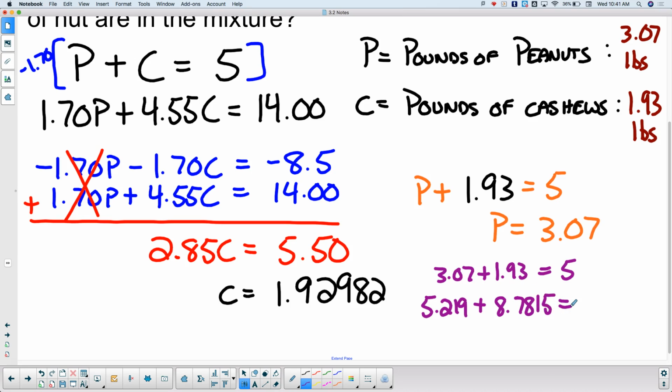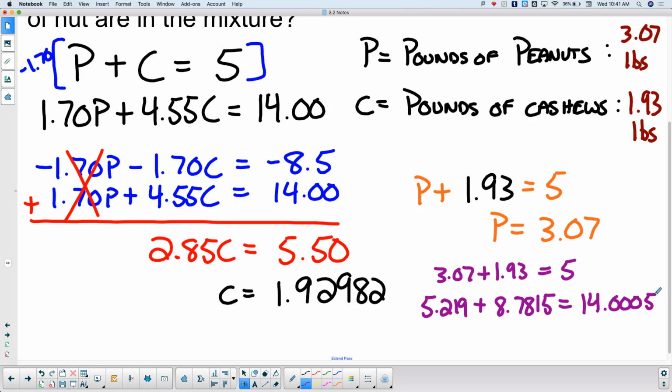And if I add those two together, I get 14.0005. Because we rounded to 1.93, that's going to be off. But it's almost 14. So does that work?